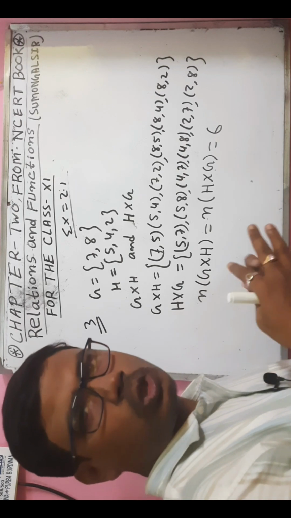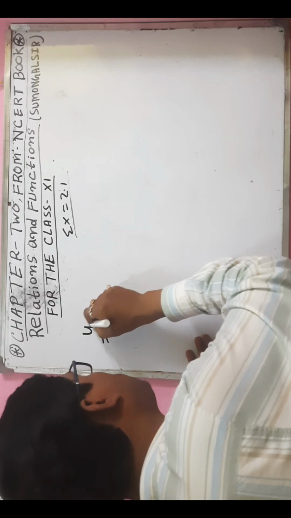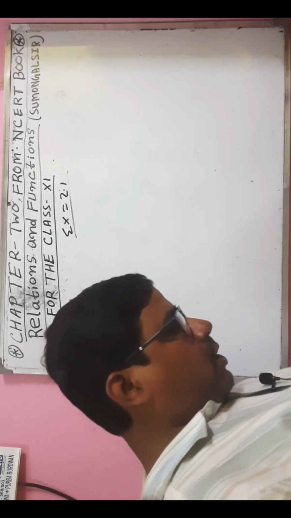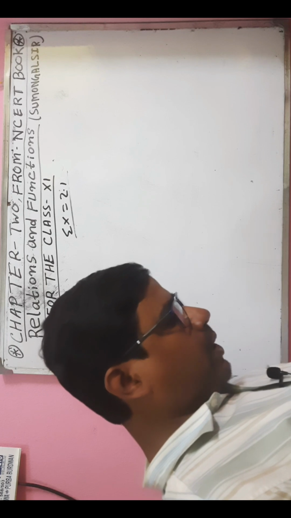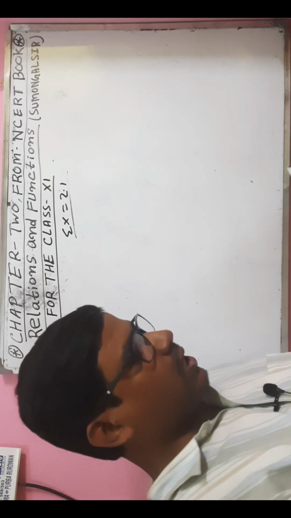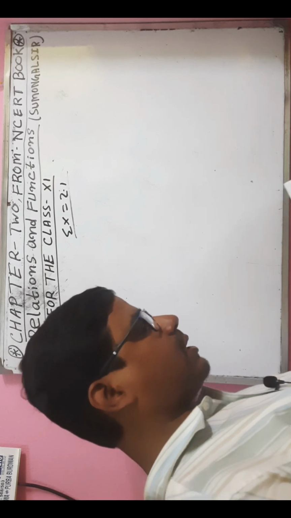Now we move to the fourth question. Question 4 says: state whether each of the following statements is true or false. If the statement is false, rewrite the given statement correctly.